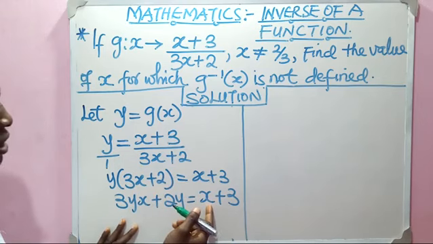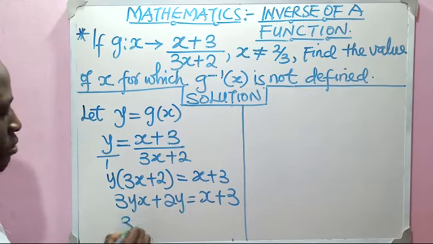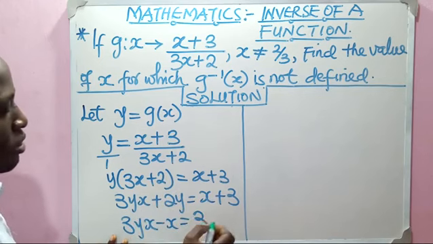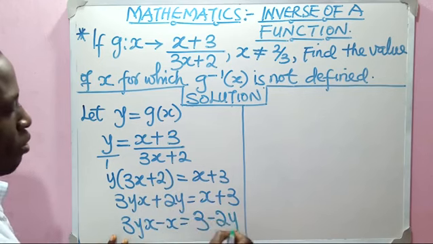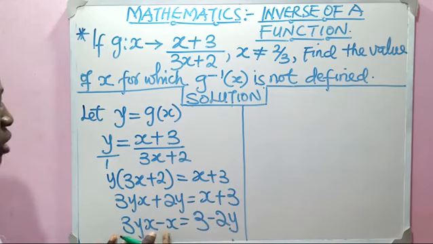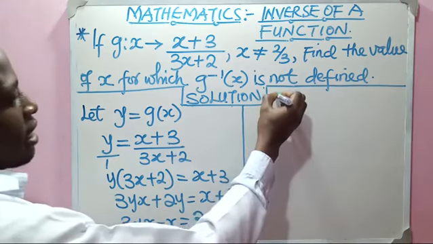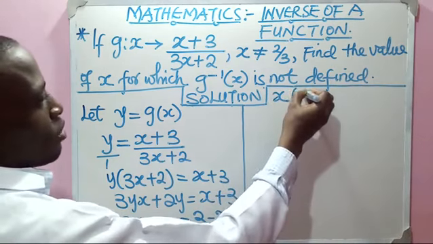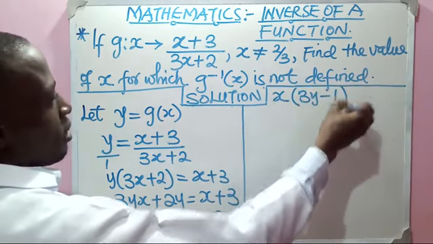Then, by way of collecting like terms, I'll be having 3yx minus x, this x is coming this way, equals 3. This 2y goes outside, minus 2y. Now, x is common there. I can say x into 3y minus 1.